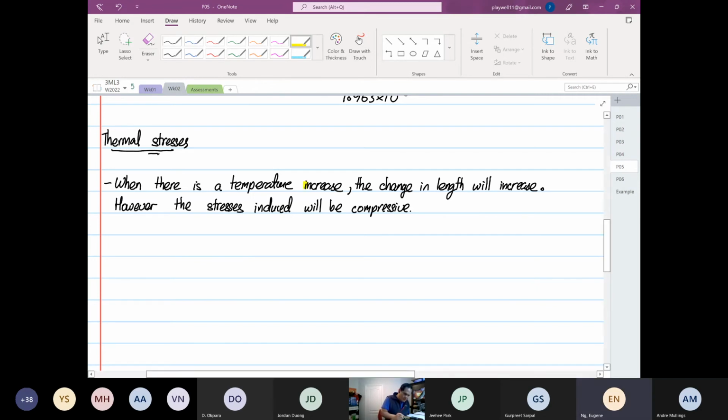When there's an increase in temperature, so you put something into the oven, and you restrict the motion, in general, the length will increase, right?